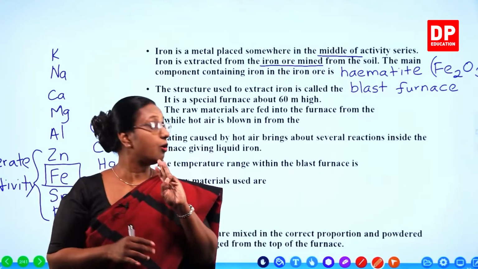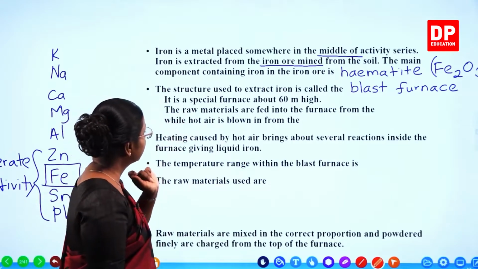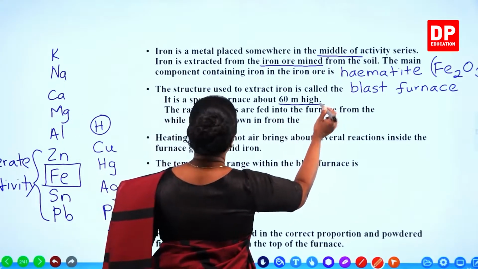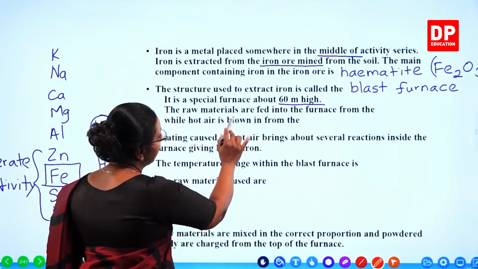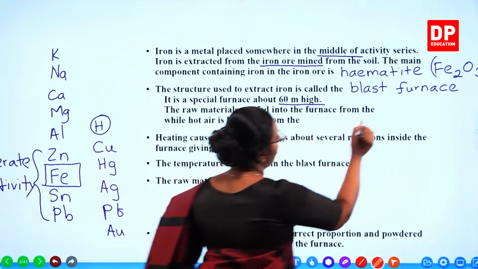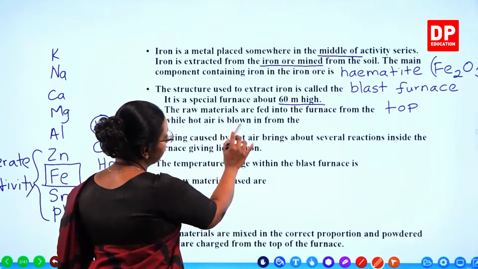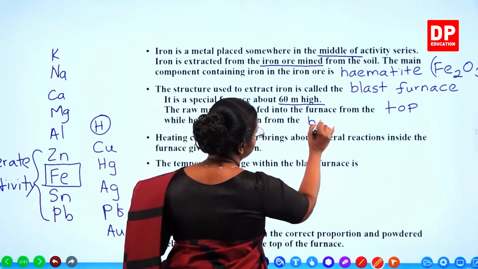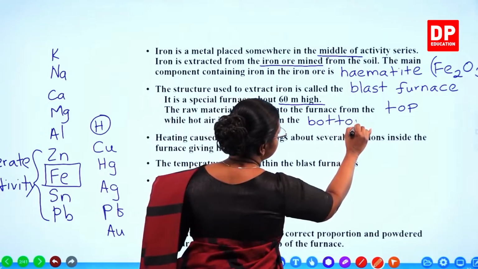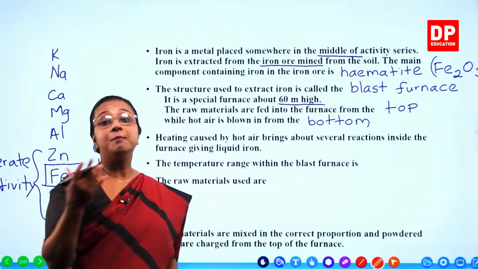So 3 raw materials. And it is a special furnace about 60 meter high, and the raw materials are fed into the furnace from the top, while hot air is blown in from the bottom. And this is called the hot air blast.